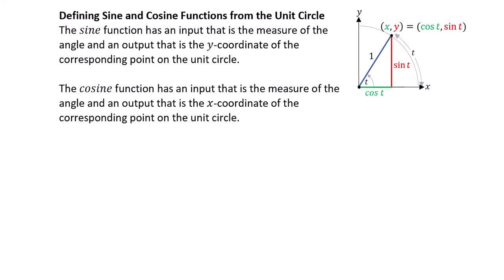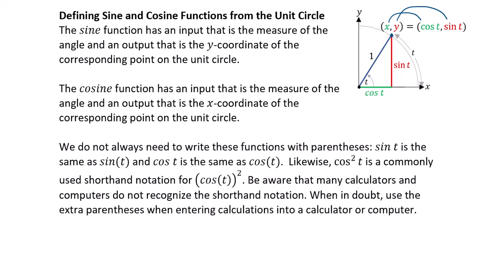The cosine function has an input that is the measure of the angle and an output that is the x-coordinate of the corresponding point on the unit circle. Here we can see this (x, y) point. Directly, x is the value of cosine t, and y is the value of sine of t.